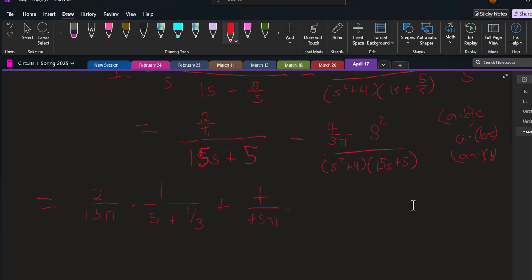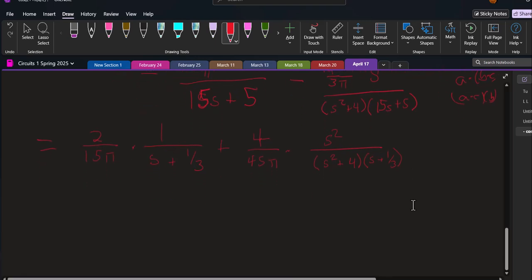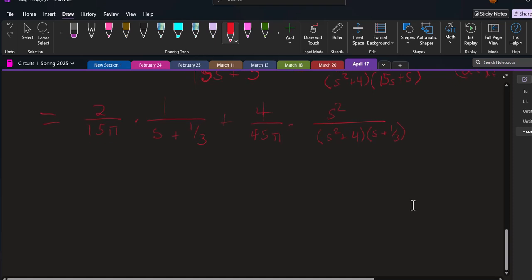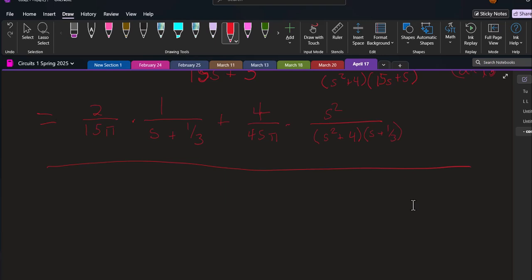And for the second fraction, I'm going to have to do a little bit of work. I've got an s squared. I took a 15 out of the second set of parentheses, and that gets me s squared plus 4 times s plus 1/3. That is not ready to take the inverse Laplace transform of, because I have this product in the denominator. So I have to do partial fraction decomposition on this.